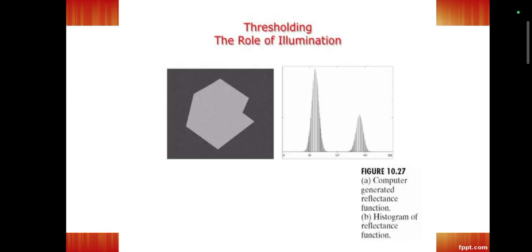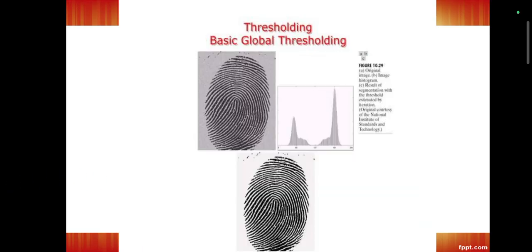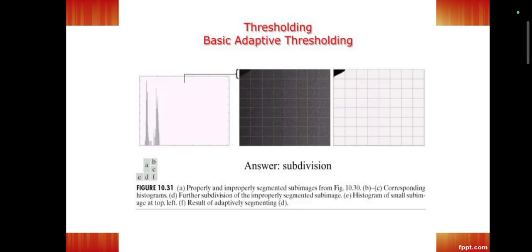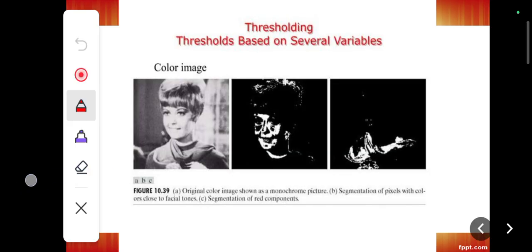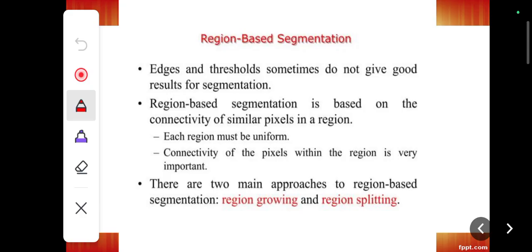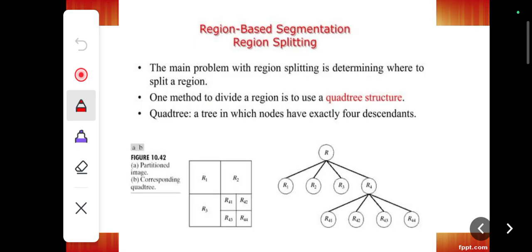Thresholding is then done, and basic global thresholding is applied on different images. Based upon that, adaptive thresholding is applied using different boundary characteristics. The original image is taken, the thresholding operation is done, and based upon the threshold values, then region-based segmentation follows. Region-based segmentation includes region growing, region merging, and region splitting.